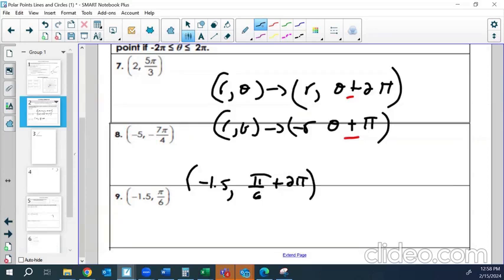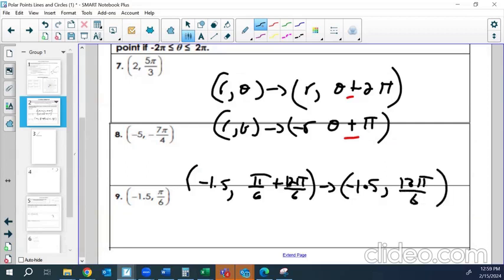But when I add 2 pi, I'm going to write the 2 pi as a fraction. So I'm writing this as 12 pi over 6. That is still 2 pi. Now I can combine them because they have the same denominator. So that's going to give me negative 1.5, comma, pi over 6 plus 12 pi over 6, which is 13 pi over 6.